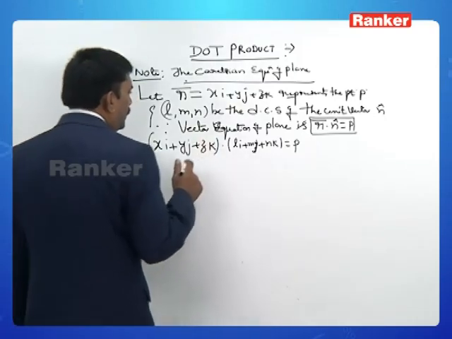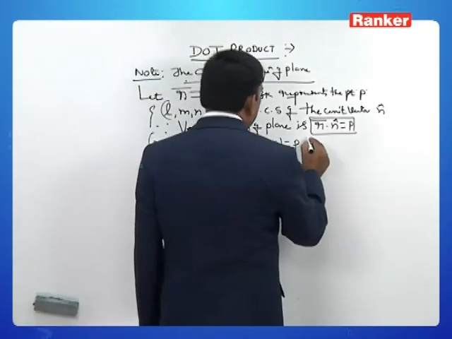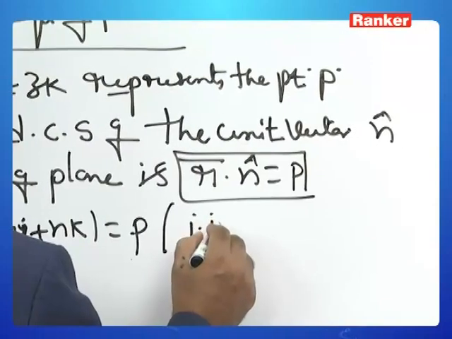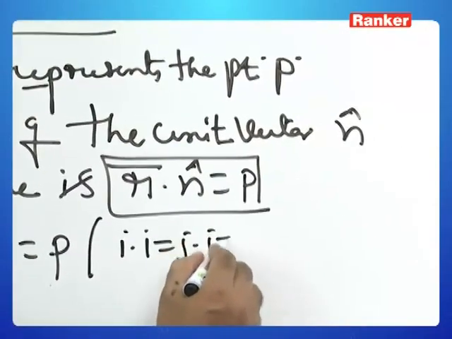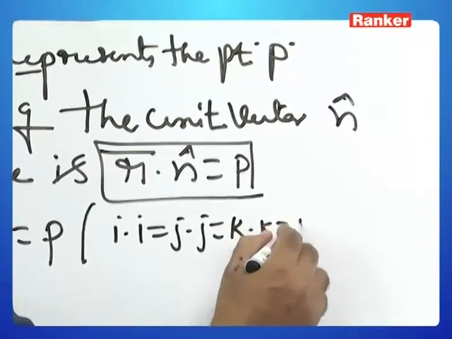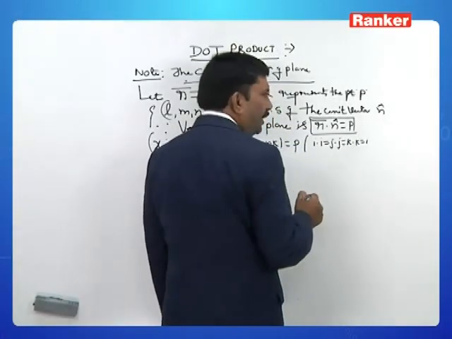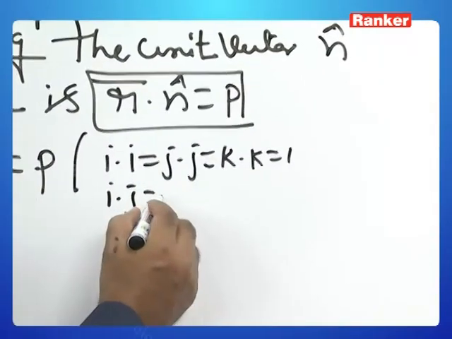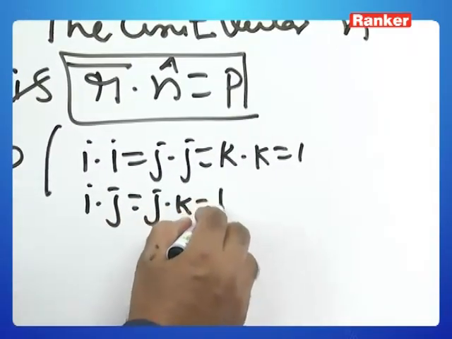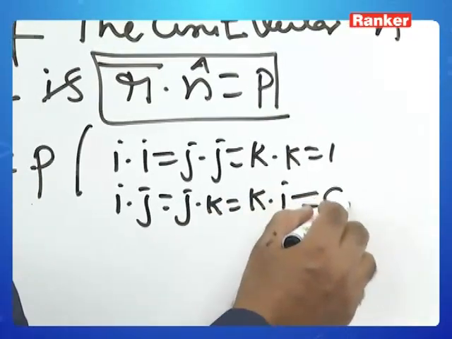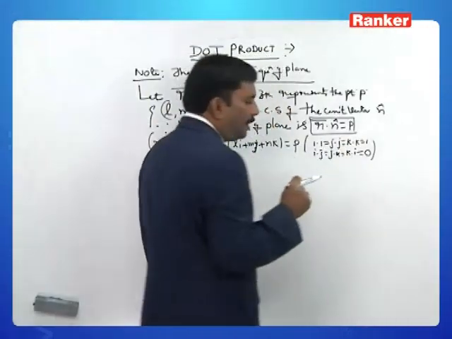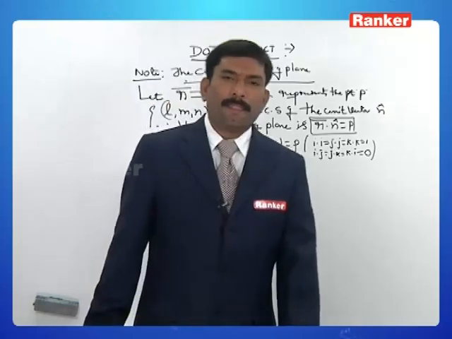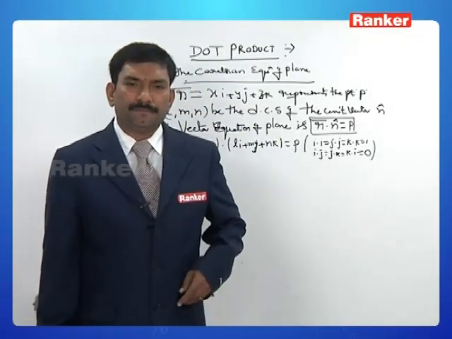We know that already i dot i, j dot j, k dot k is equal to 1. i dot j, j dot k, k dot i is equal to 0.